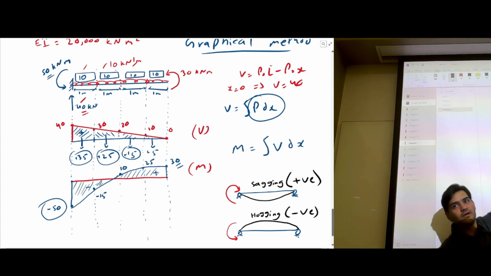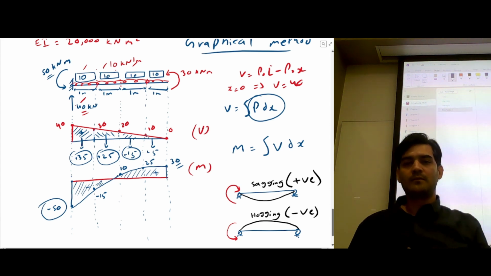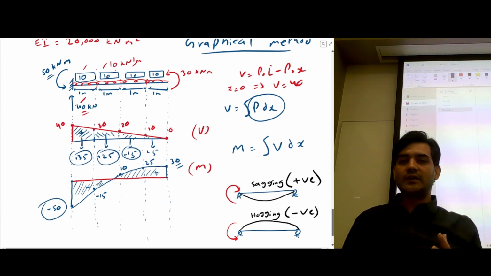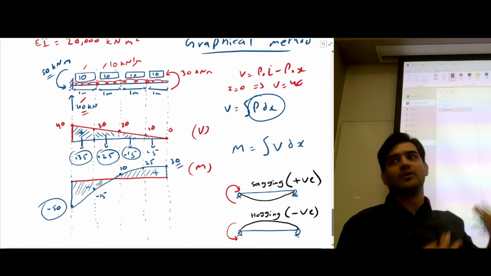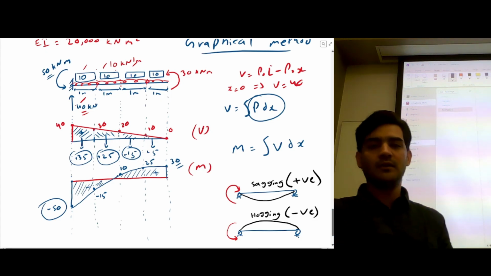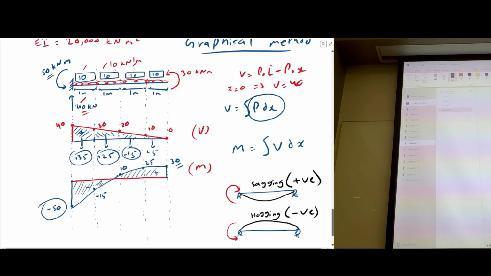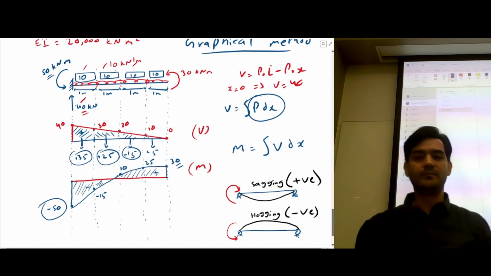This is a very good question, but you're supposed to get 30 at the end because you have a moment 30. So we don't have to add or subtract 30 because it's already indirectly included in the reactions. You can cross verify, because at the end you have a moment 30, so you should get 30. That's how you can verify you have the right bending moment or not.